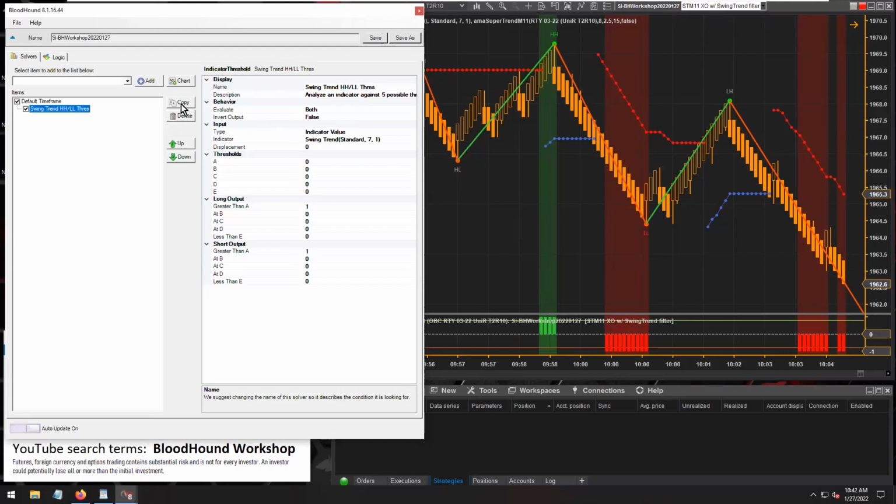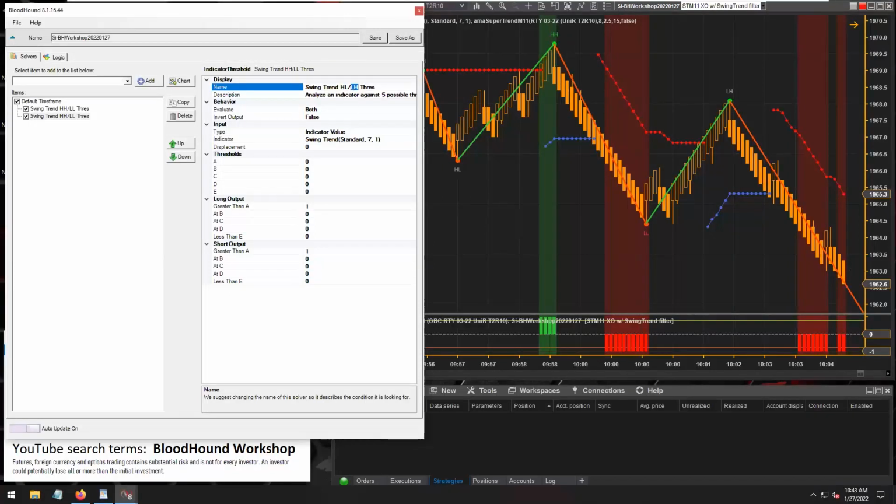I can make a copy of this, and now I want to identify higher lows for the long side, or for the short side, a lower high.